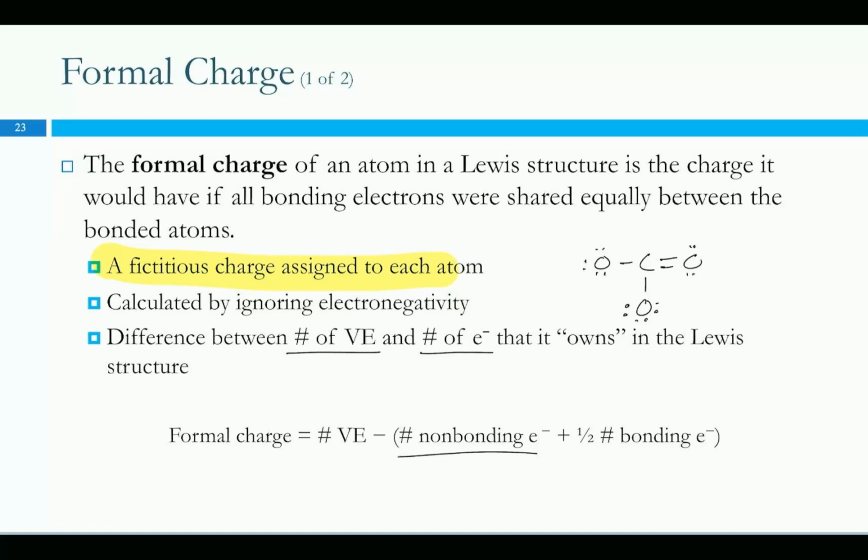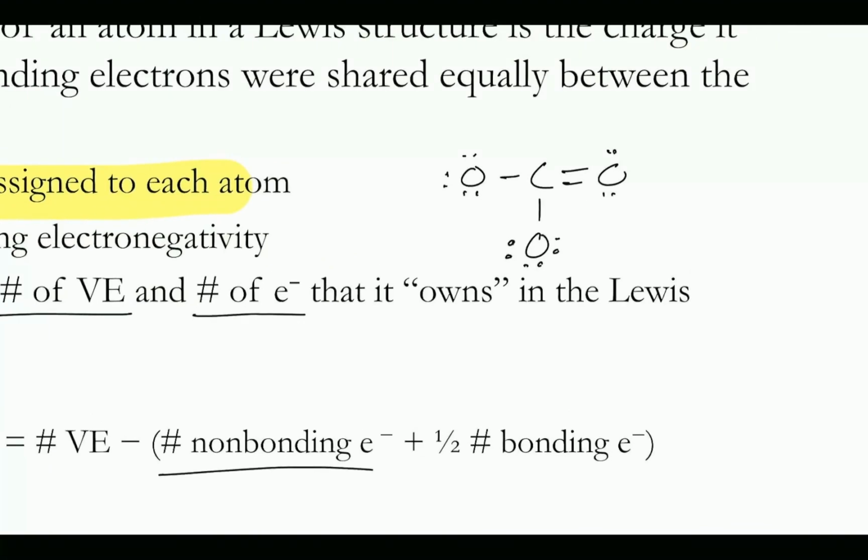So in this structure, if I look at one of my oxygens, how many electrons does this oxygen have in this Lewis structure? 4, 6, so then it has half of this. When we're talking about formal charge, we assume that all of the bonding electrons are shared evenly.